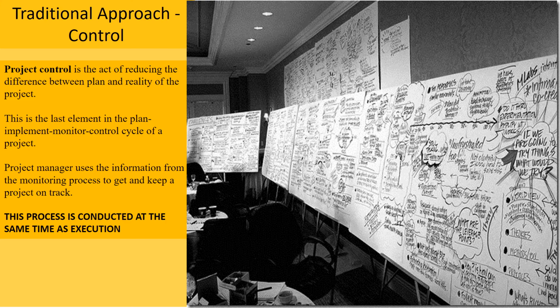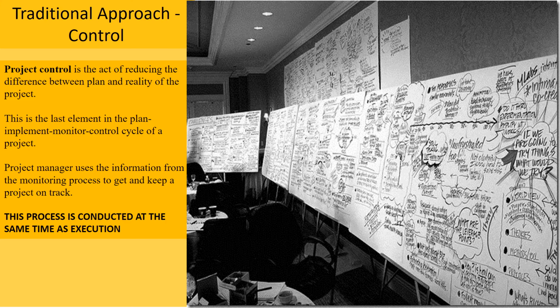So even though we're now talking about monitoring and controlling, in truth, when the project is being executed, the different stages and the different breakdowns in terms of the work being carried out are being monitored and controlled at the same time as executing. You don't execute it and then monitor and control. No, it doesn't make any sense. So you're monitoring and controlling it at the same time as it's being executed.